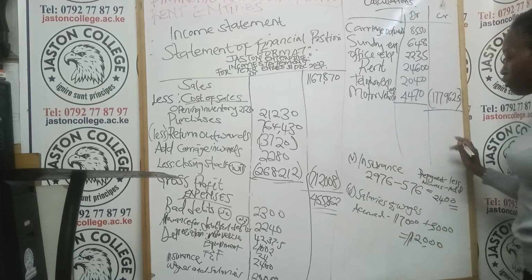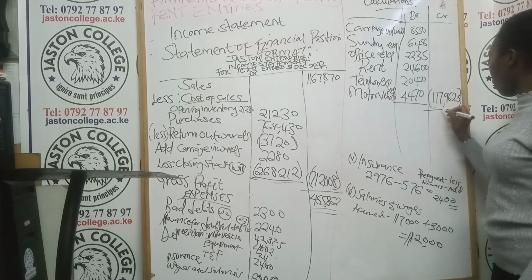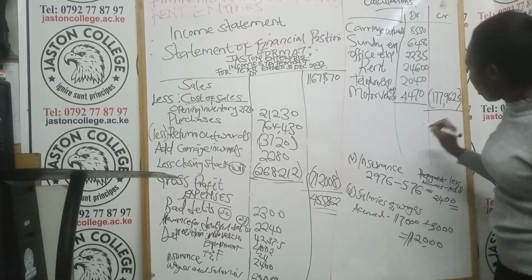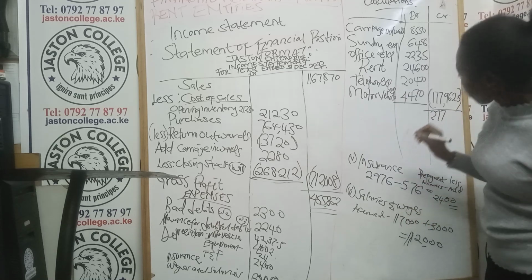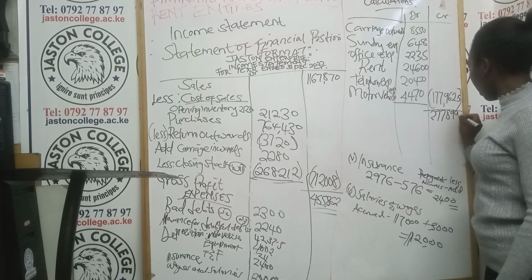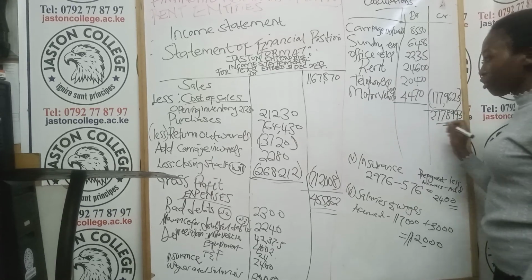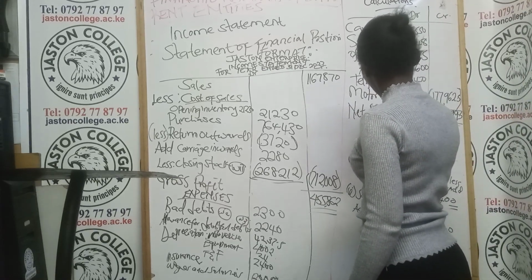Then we will less them from the gross profit. So our answer will be 277,899.5. This one we will call the net profit.